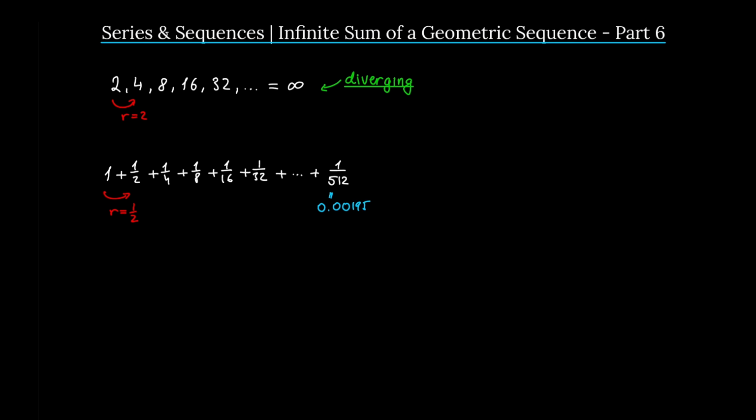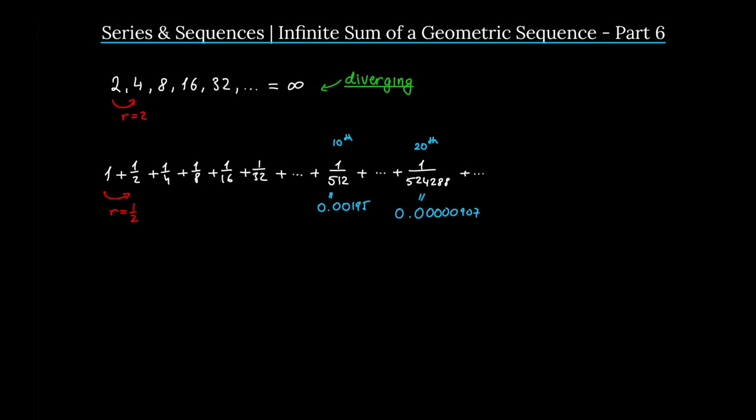0.00195. Going down even further, when adding the 20th term, we would get 1 divided by 524,288. Plugging this into a calculator will give you 0.5 zeros and then only 907. Going even further, these values will only get smaller.